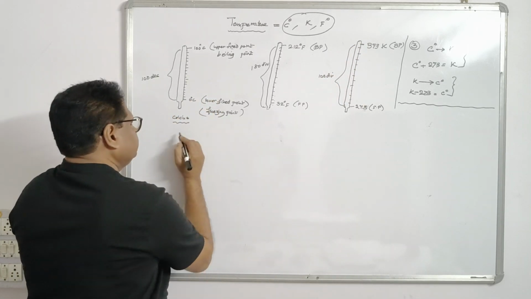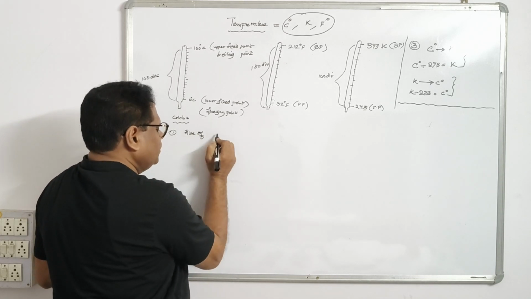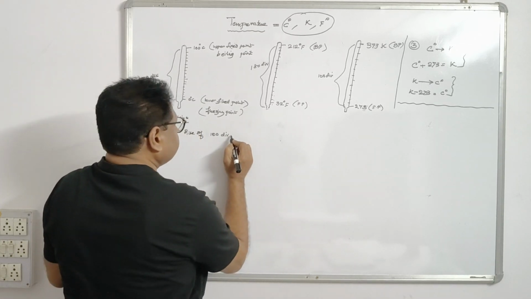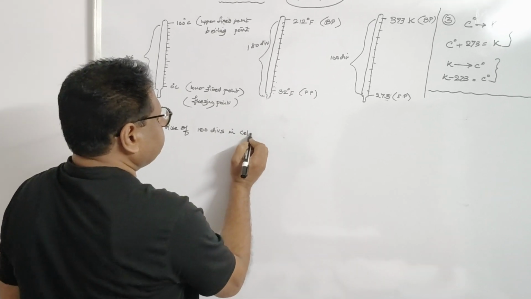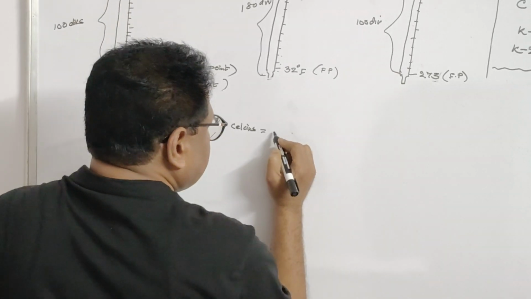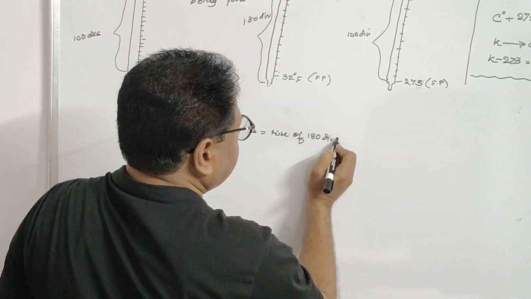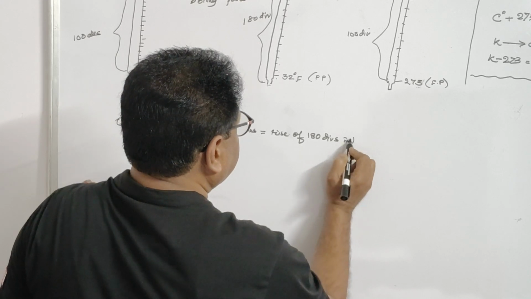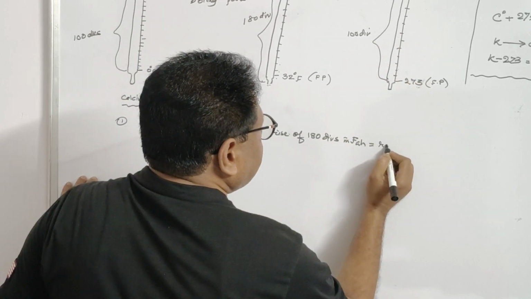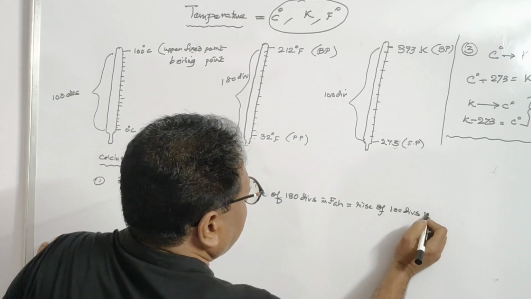Now let me connect the relation. A rise of 100 divisions in Celsius, that is from 0 to 100, is equal to a rise of 180 divisions in Fahrenheit, which is equal to, here the rise is 100, same as Celsius, a rise of 100 divisions in Kelvin.